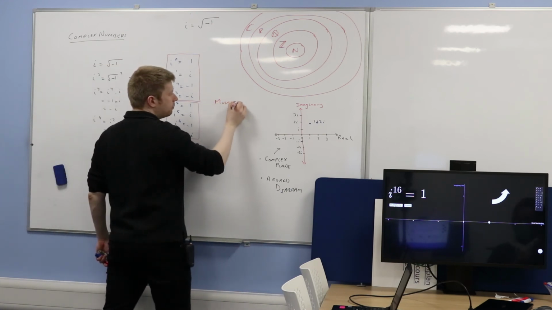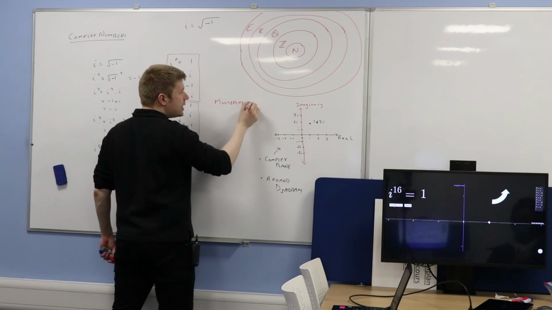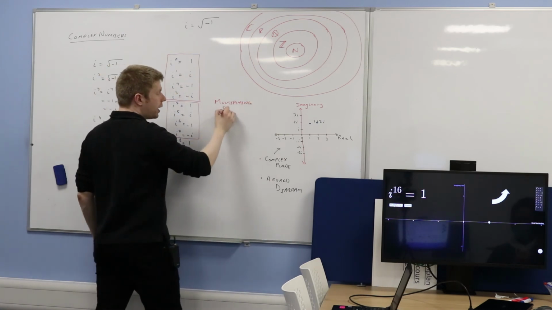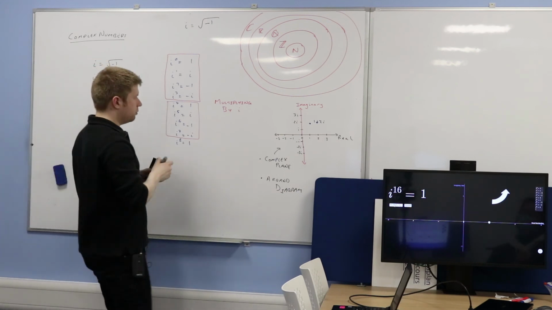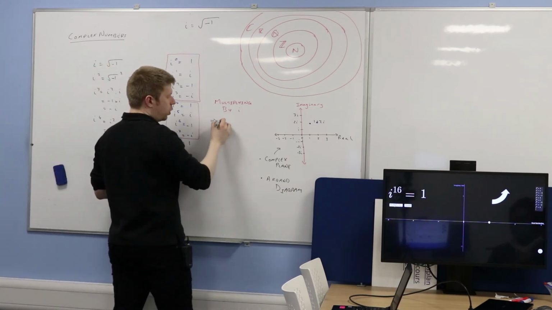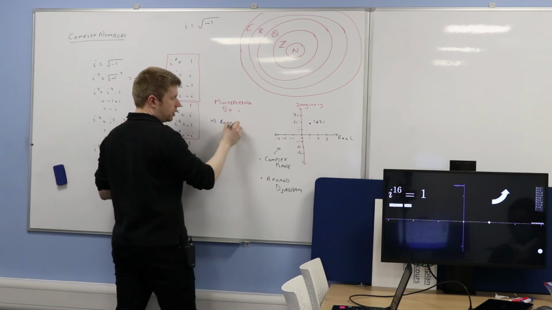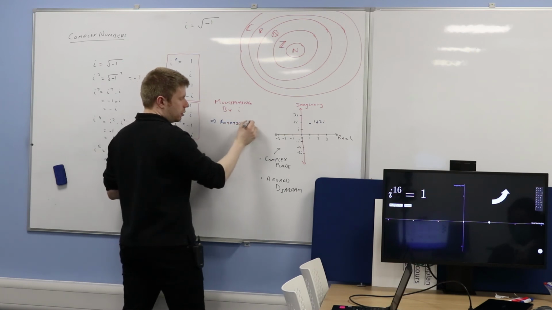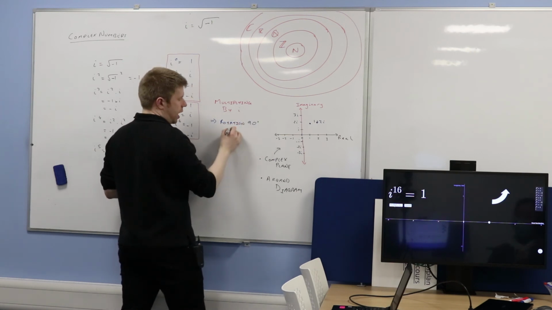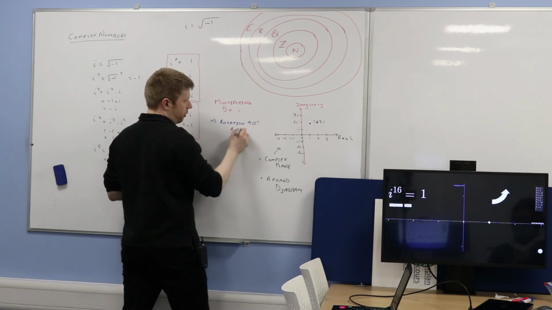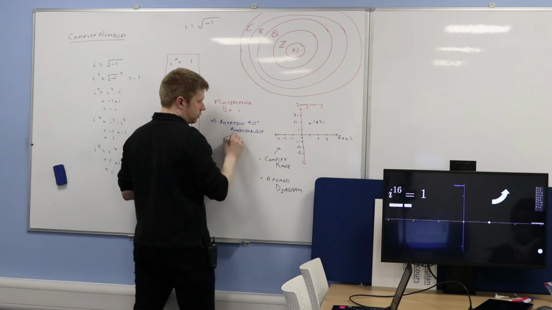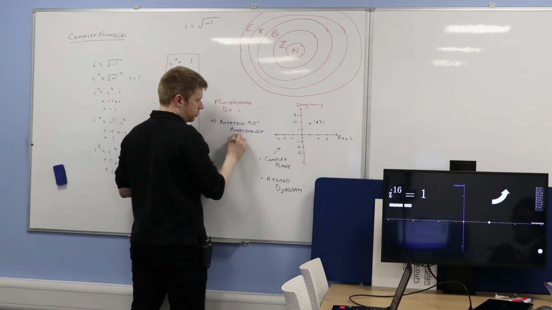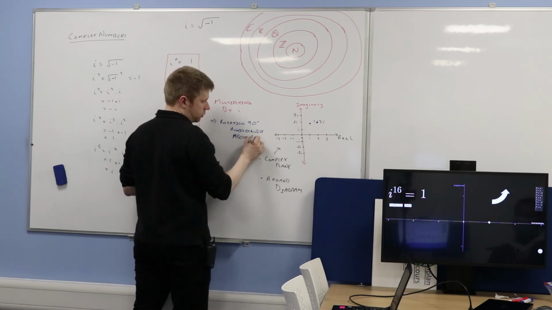Multiplying any number by i corresponds to a rotation of 90 degrees anti-clockwise about the origin, about (0, 0).